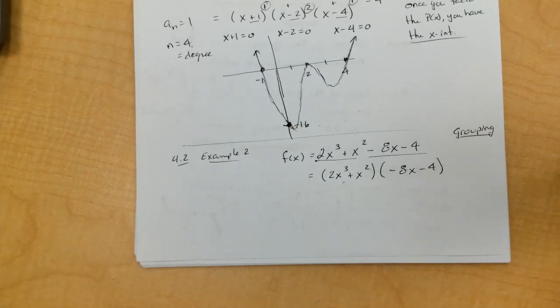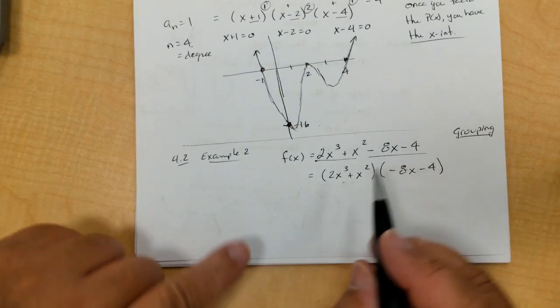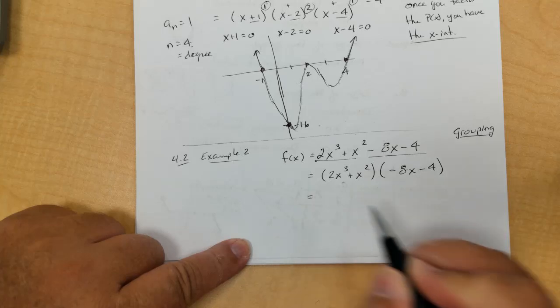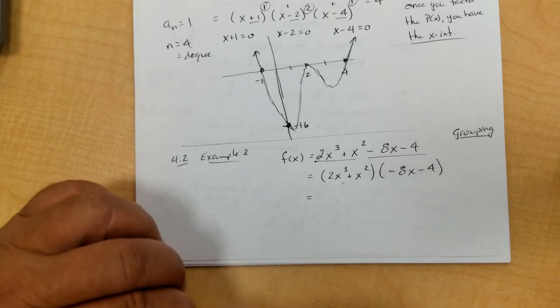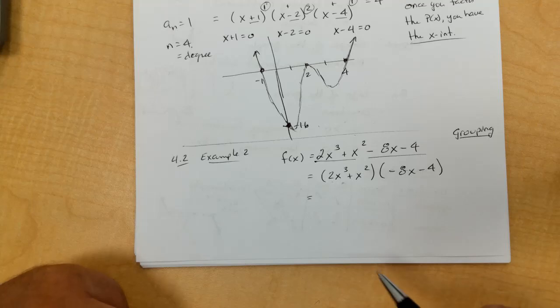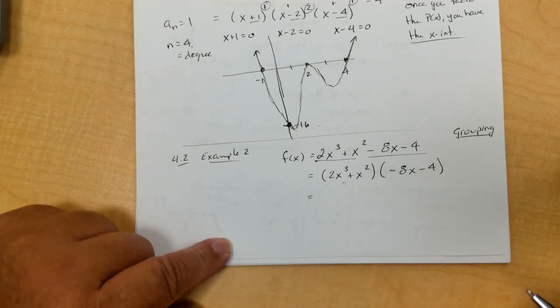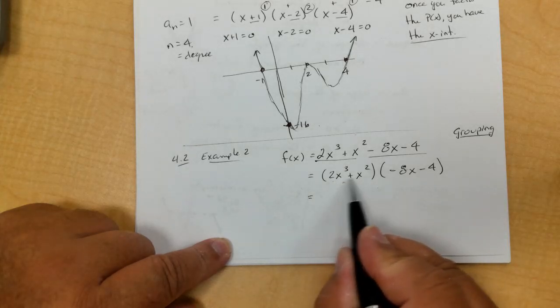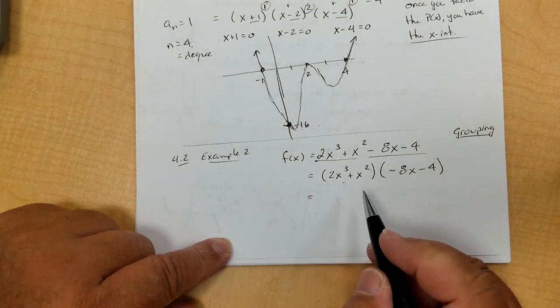Grouping only works if we get the same factors. Now, in each of these parentheses, factor out what they have in common. What does the first one have in common? They have x in common.